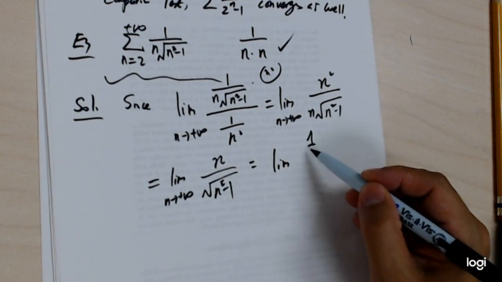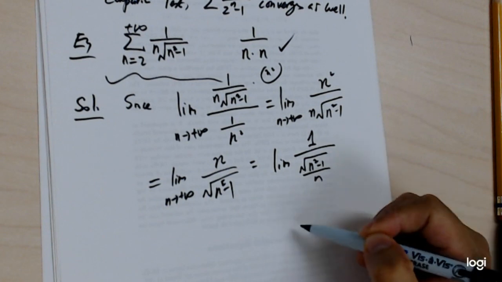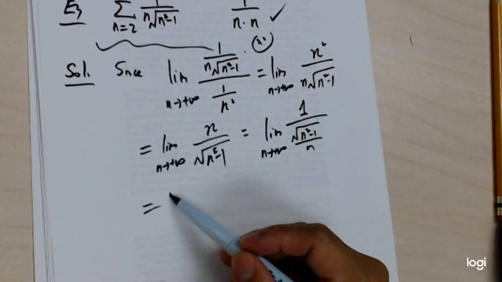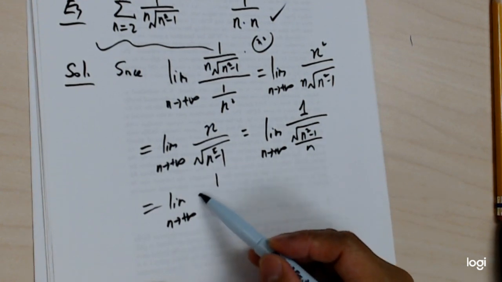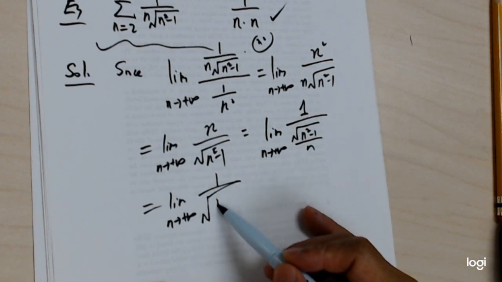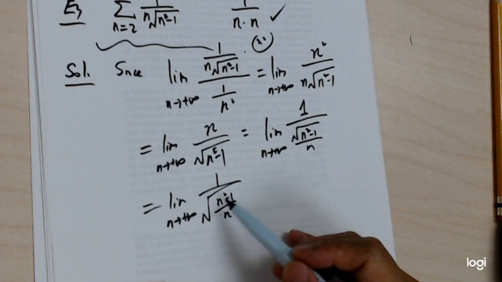I get a 1 here. N squared minus 1 over n. And that's the same as square root of n squared minus 1 over n squared. And the limit of this is 1.